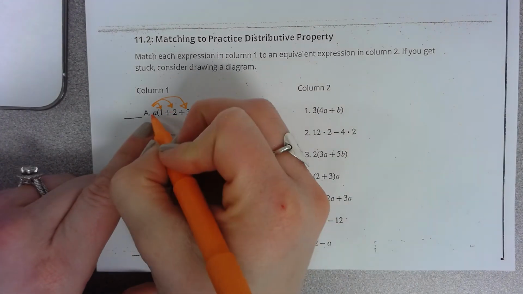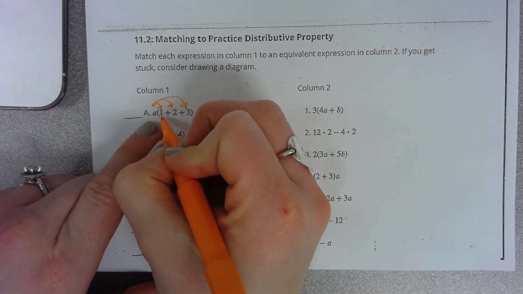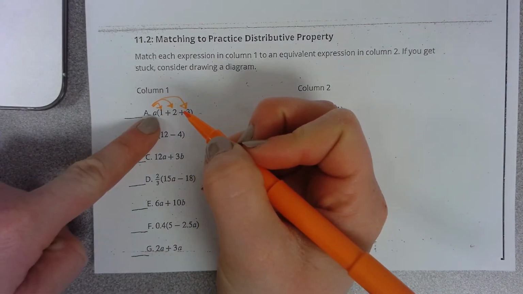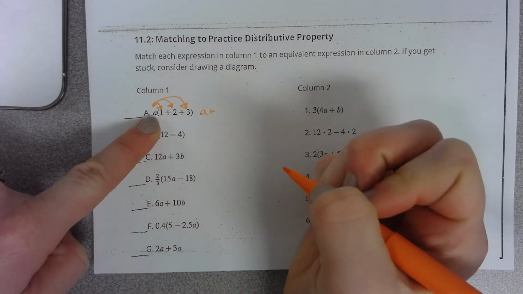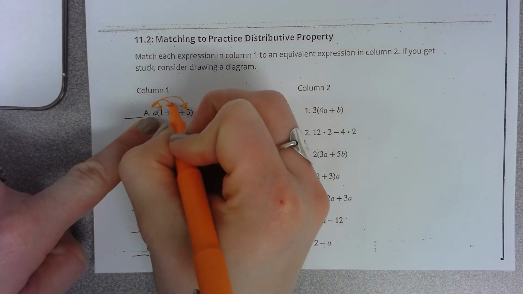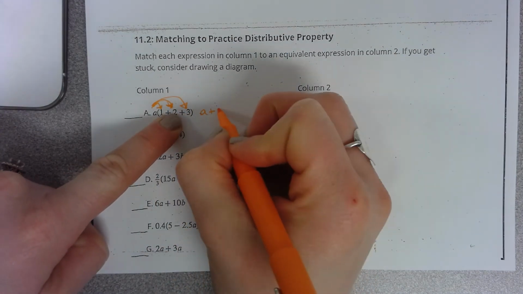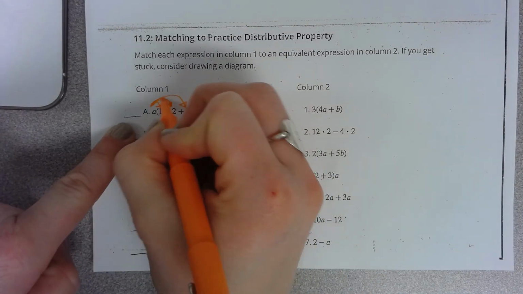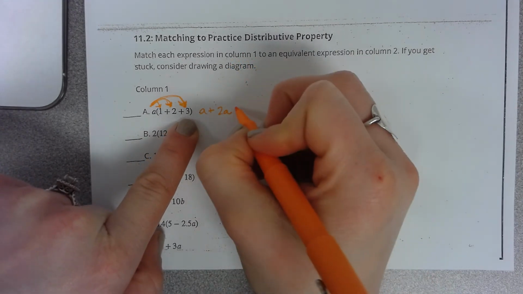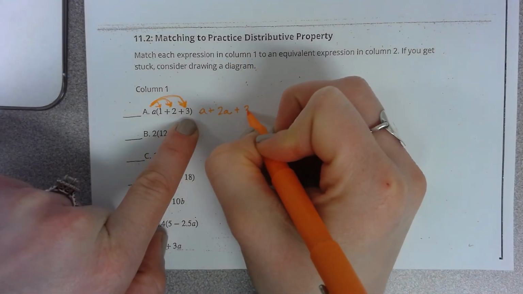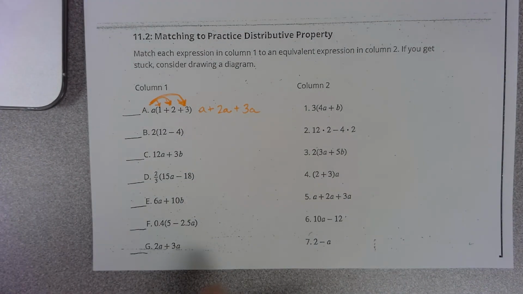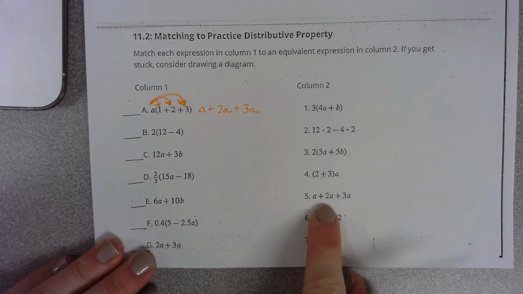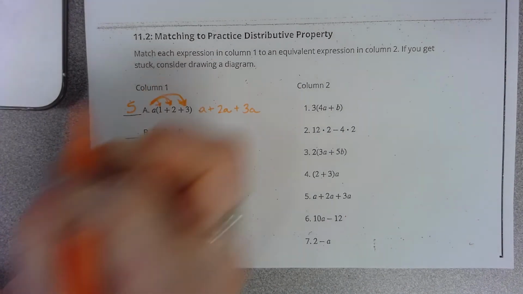But remember, when we have one of a variable, we don't write 1 in front, we just have A. So we have A plus, and then A times 2 would be 2A, plus A times 3 would be 3A. That would be my simplified expression. Now I see that right over here. So that means that number 5 matches with letter A.